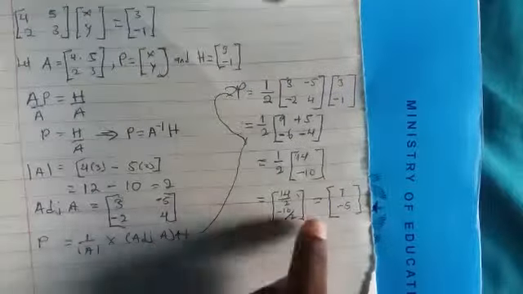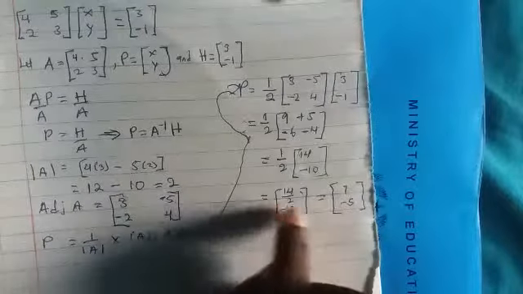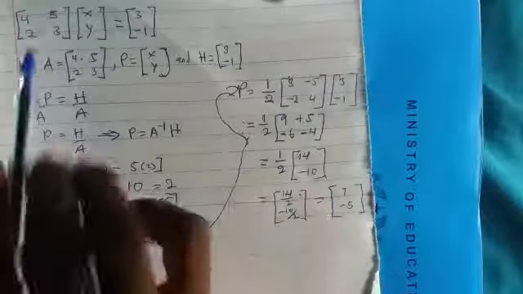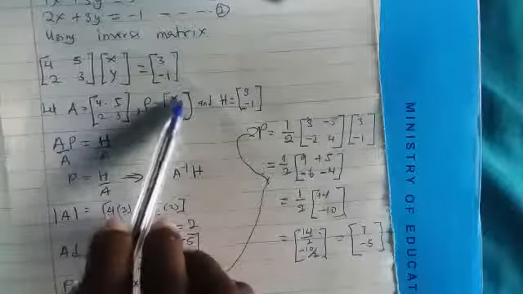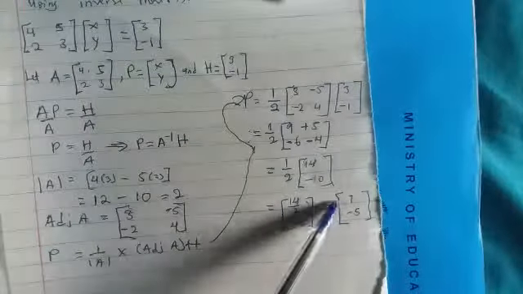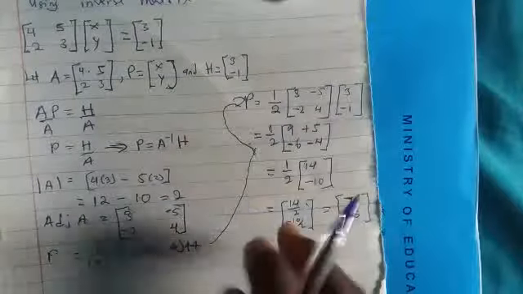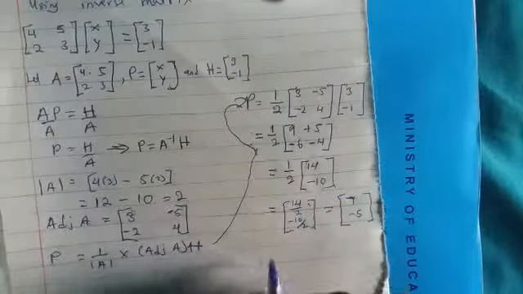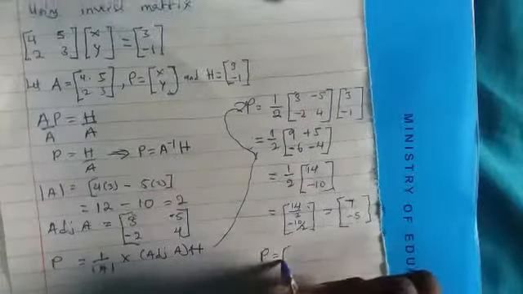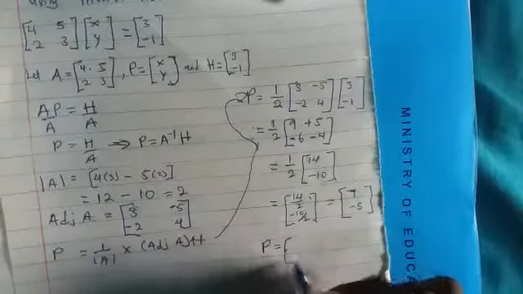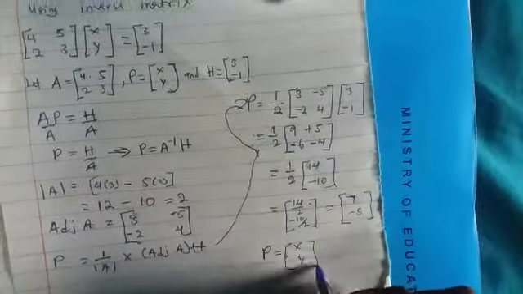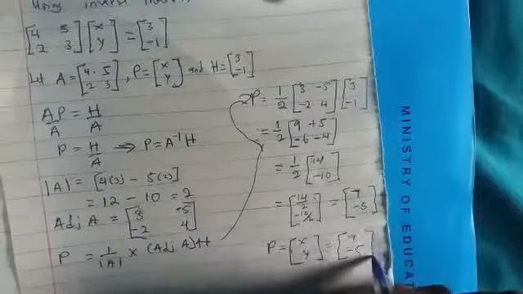Okay, so this is our P, but our P was x and y, so then our P is now 7 and then -5. So then our P, which is equal to x, y, is equal to 7 and -5.